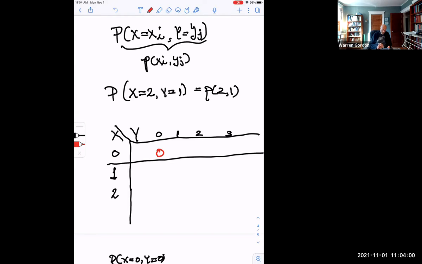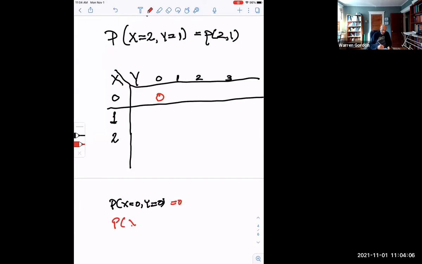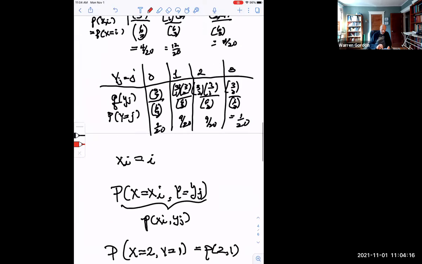What's the probability X is 0 and Y is 2? Well, remember what's in the urn.